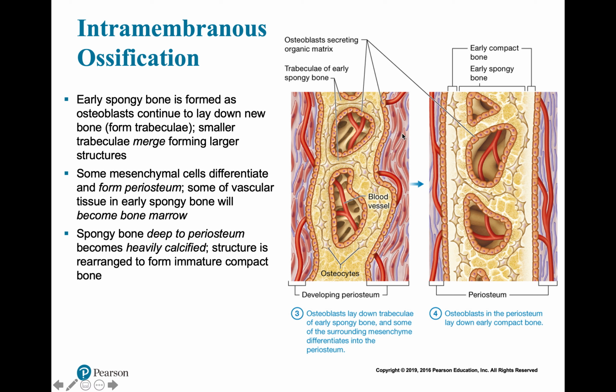And then over time, now we have the osteocytes surrounded by their bone matrix. The bone got laid down around the blood vessels, so that's what gives the spongy appearance. The mesenchymal tissue on the periphery differentiated and became periosteum.